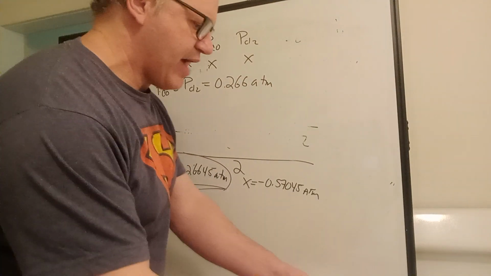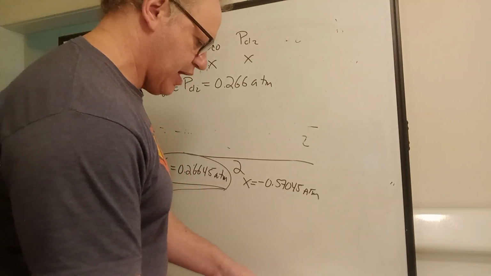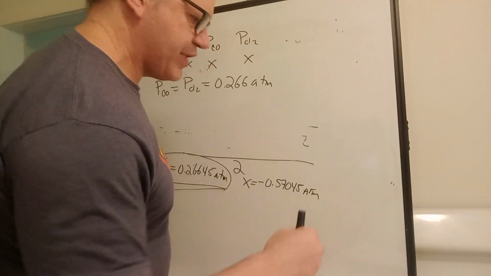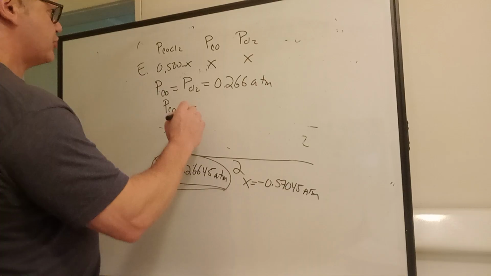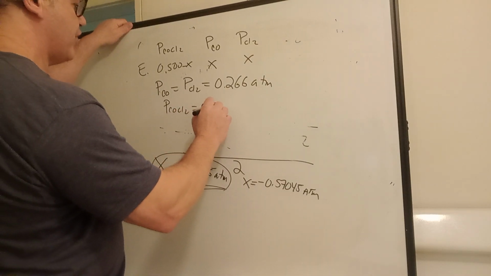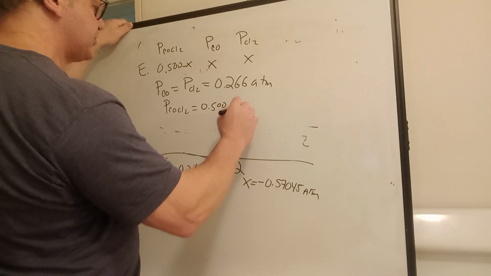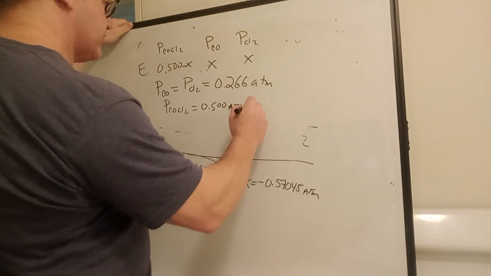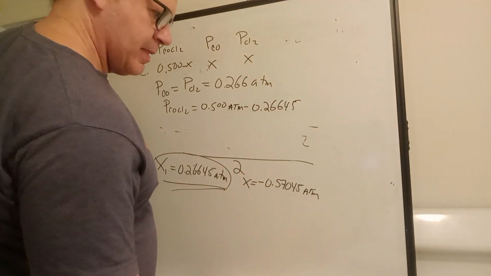And then we have, beyond that, the partial pressure of the COCl2 is going to be 0.500 minus, and that will be in ATMs, minus this number here, 0.26645, right?